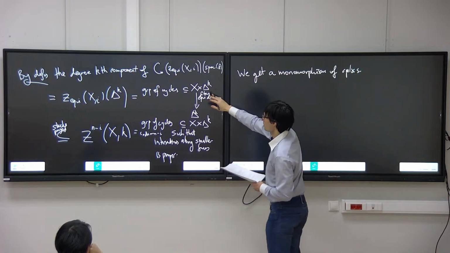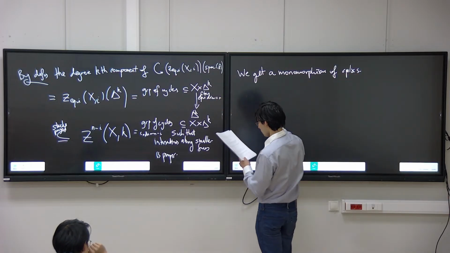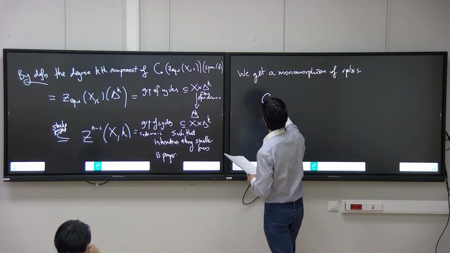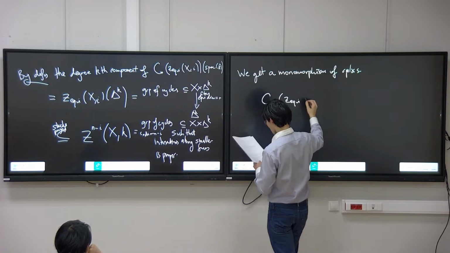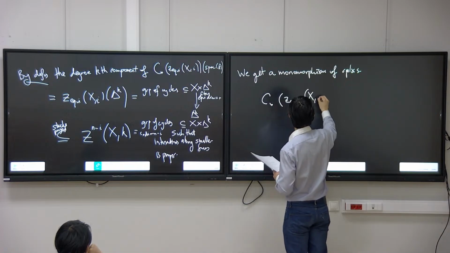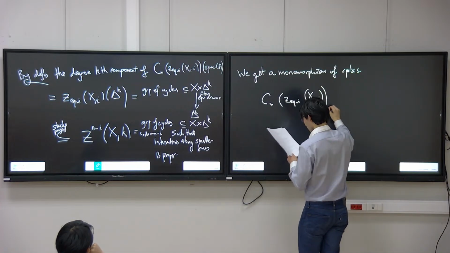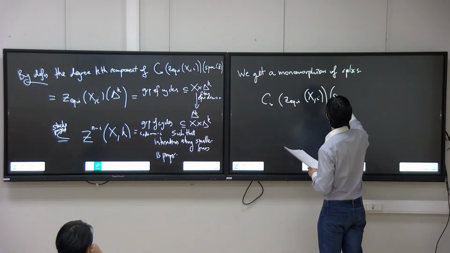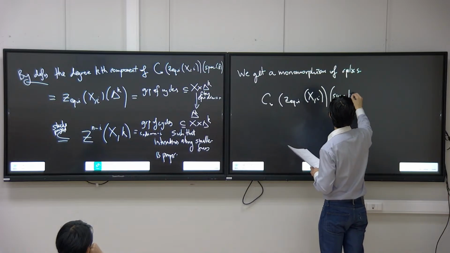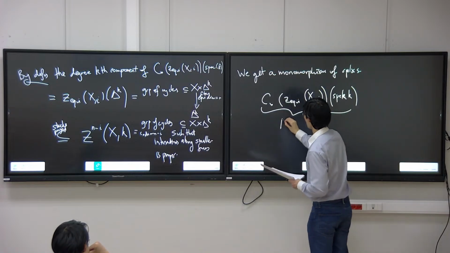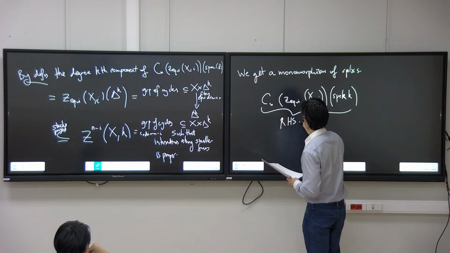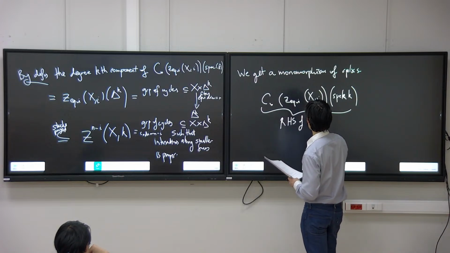On the one hand, calculating equivariant cohomology, so C star Z equi of spec of K. So this was, just in case we've not completely lost, related to the right-hand side of the proposition.